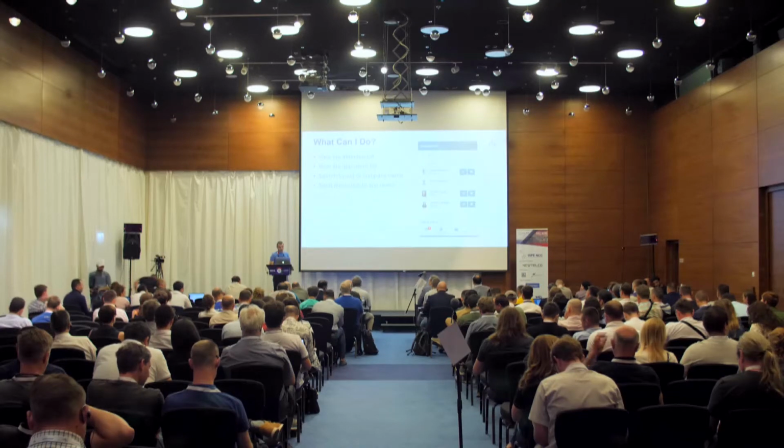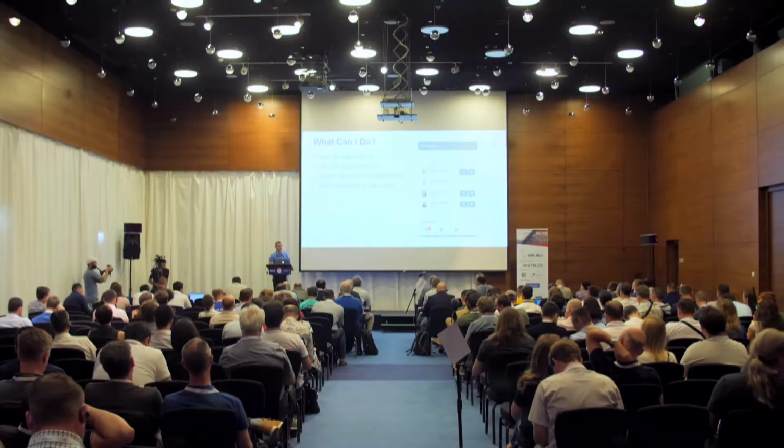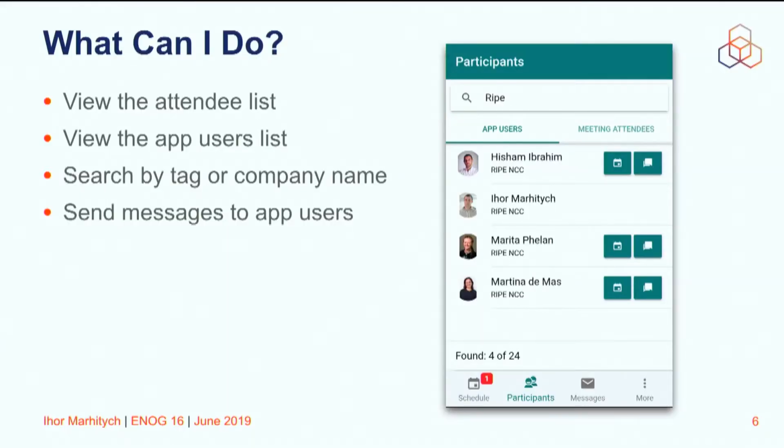Also, we have the box here. Here you can see who has already registered for the conference but did not install the application so far. If they, for instance, provide their email, you can send an email message.